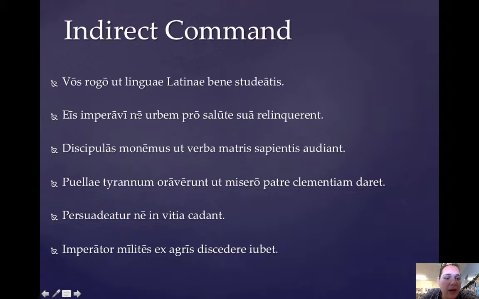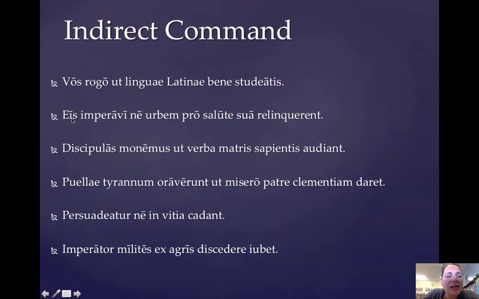Eis imperavi, ne urbem pro salute sua relinquerent, and so on. Again, our indirect command starts with ne, ends with relinquerent, our subjunctive verb, in this case, imperfect subjunctive. And our main sentence then is imperavi eis. Imperavi is another one of these words that takes a dative.